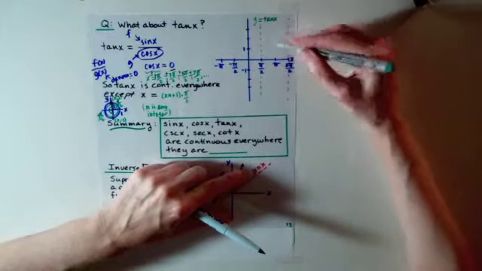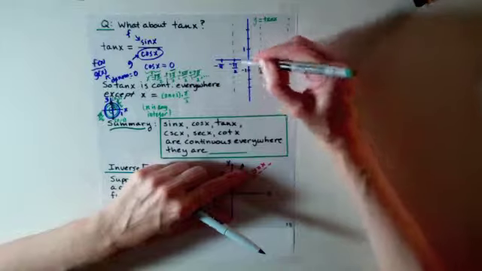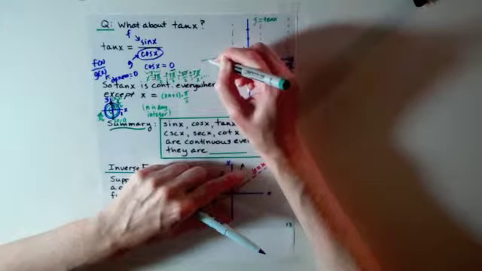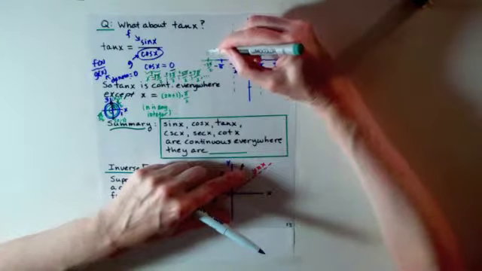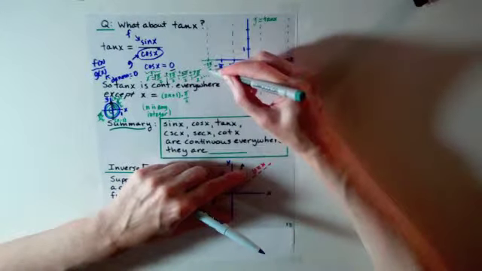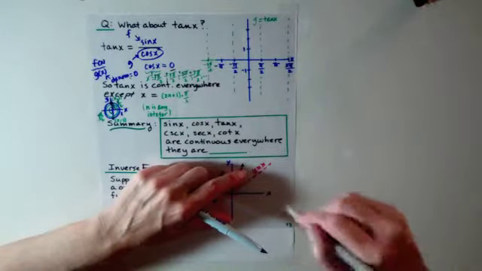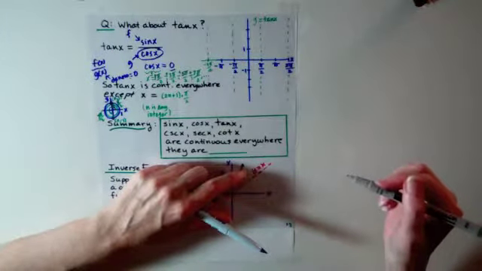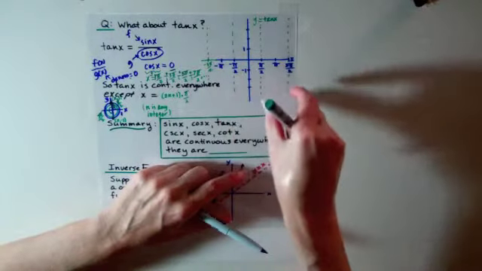So that would be at pi over 2, 3 pi over 2, negative pi over 2. If I continue this graph in this direction, the next place would be negative 3 pi over 2. And just like sine x and cosine x are periodic functions, they repeat, so does the graph of tangent x, and it repeats in pi long blocks.